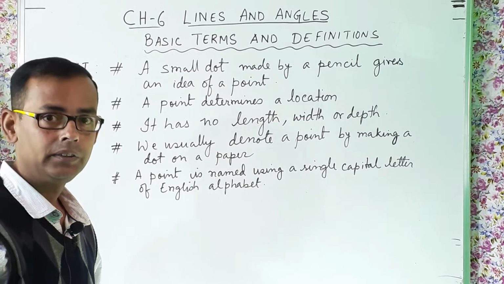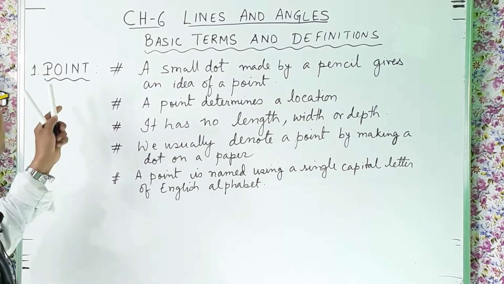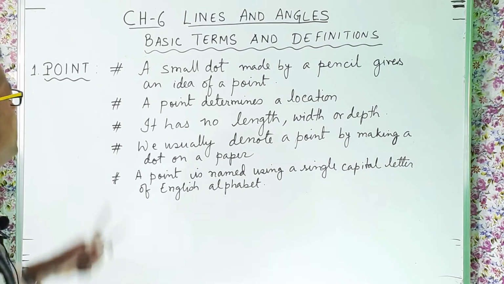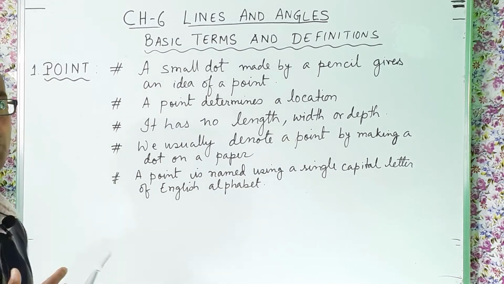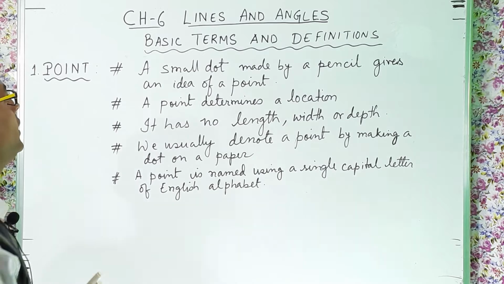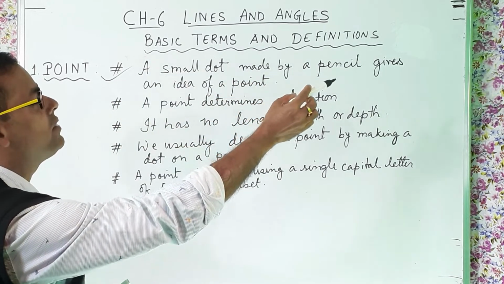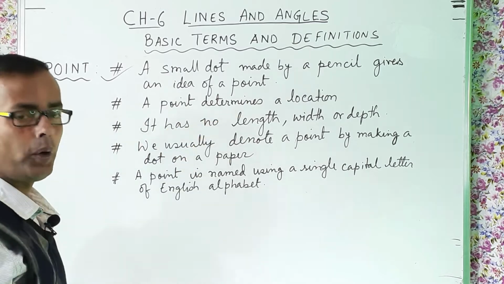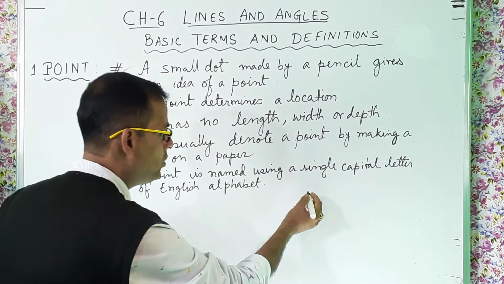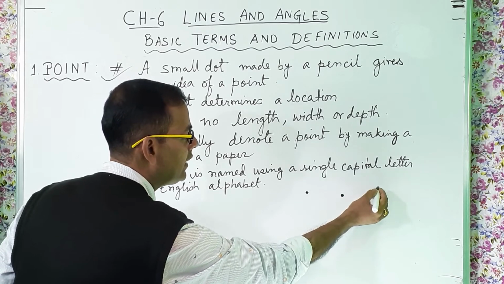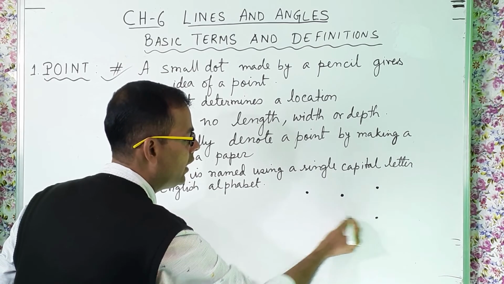Now students, let us come back. The first basic term we are going to study today is point. What is a point? A small dot made by a pencil gives an idea of a point. That means if you make a small dot with your pencil, that is only representing a point.